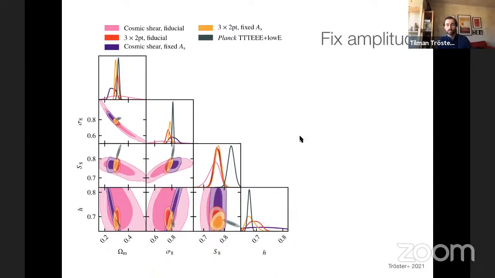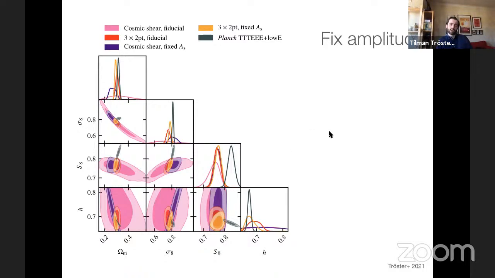But what it does do is, because before omega m and H and so on were quite independent, once you restrict yourself to that specific primordial amplitude, now you're sitting on a very narrow degeneracy between H and omega m and H and sigma 8.